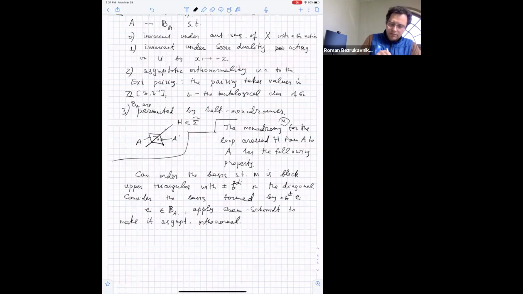And then we get a new basis and we apply this half monodromy to put it into A prime.